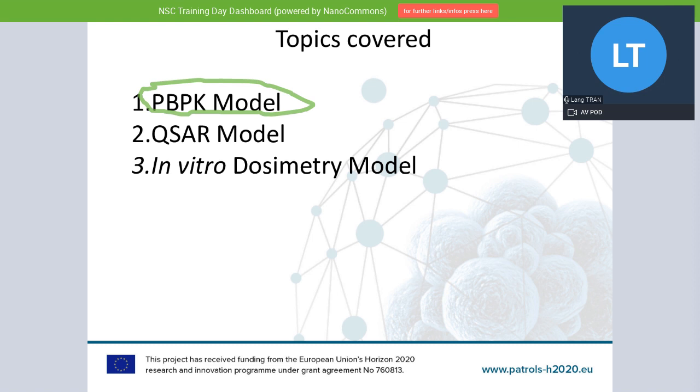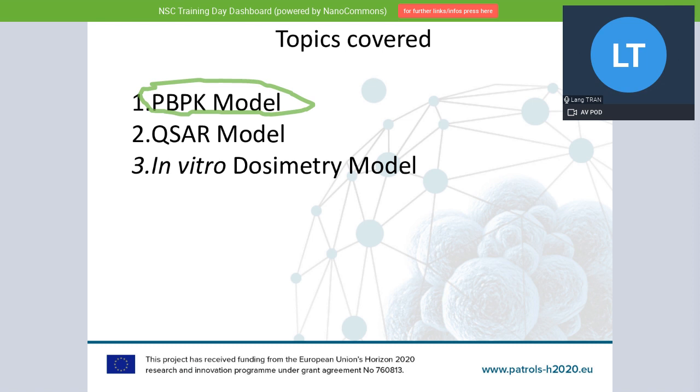The QSAR model, as you know, is about linking the particle's physical characteristics to the responses. That is why it is about structure and activity. It's about linking the chemical and physical characteristics of a particle to the observed responses.